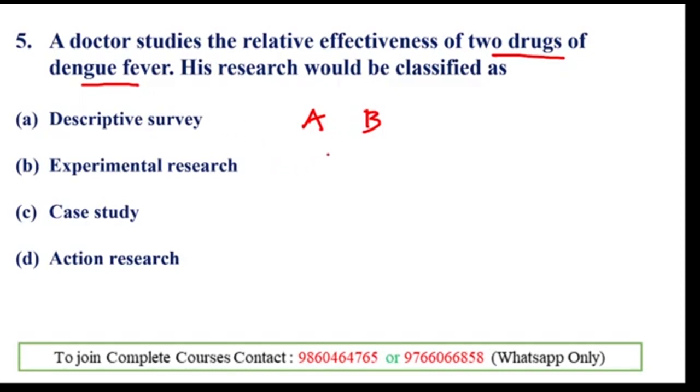So there must be a control condition. The temperature and other conditions are all in a controlled manner. Through this, he will get the relative effectiveness of both drugs A and B. Clear? So it's experimental research. He conducted experimental research to get the effectiveness of two drugs. Clear?